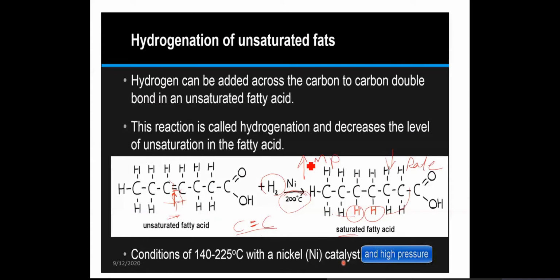Therefore, the advantages are an increase in the melting point, a decrease in the rate of oxidation, and therefore an increase in shelf life or shelf stability. A fourth advantage of hydrogenation is that carrying a block of fat is easier than carrying liquid oil during transportation, because a solid fat will not spill off, and it will also have a longer shelf life.